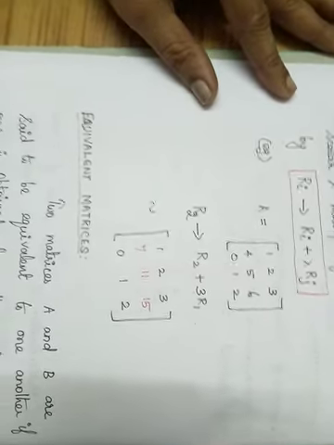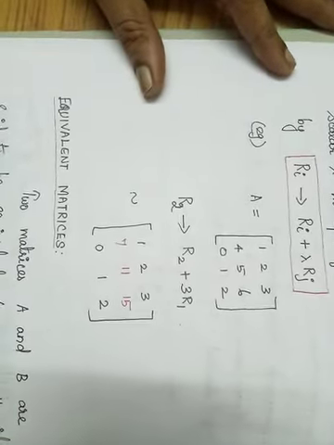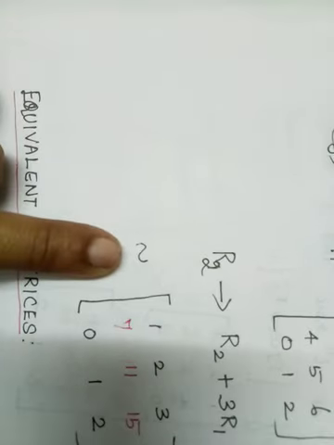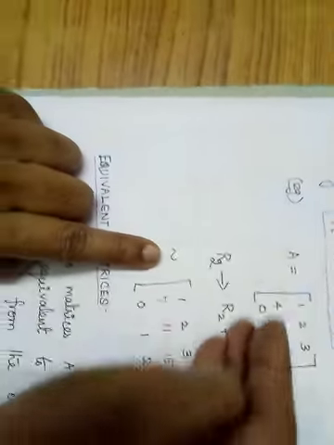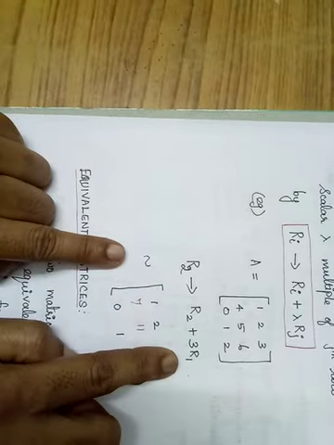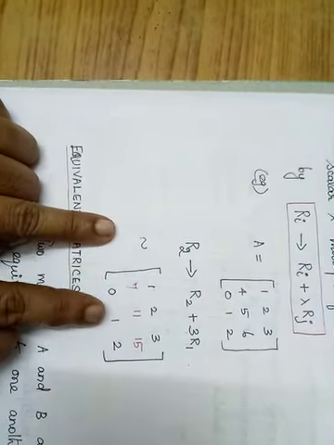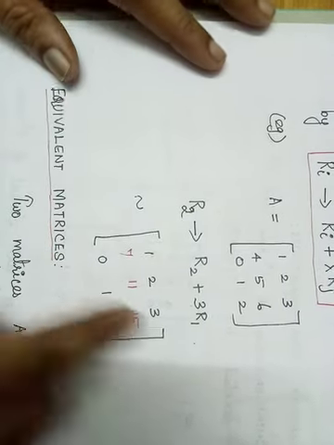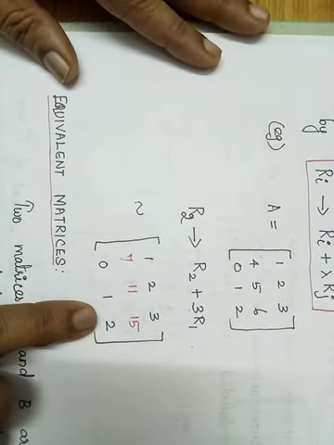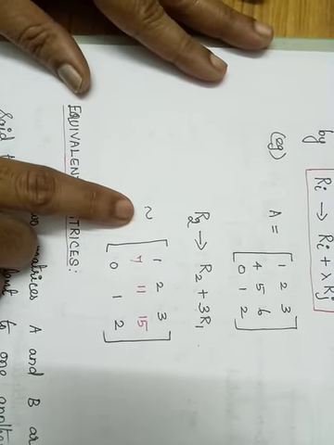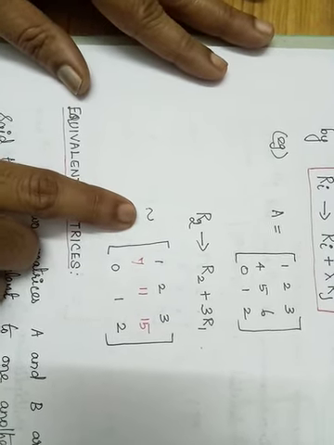So when you do these elementary transformations, you will get equivalent matrices. By doing this elementary transformation, matrix A is transformed like this. So the first A and this matrix are said to be equivalent. Here I didn't use the equal symbol, I have written equivalent.